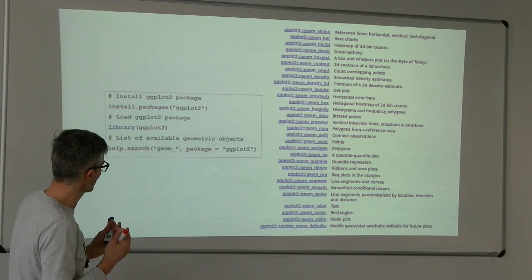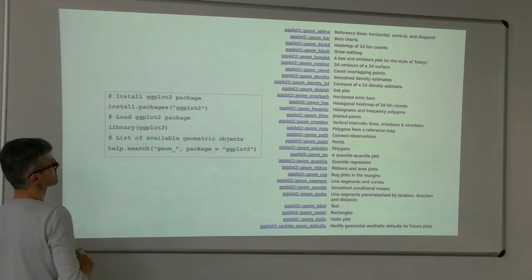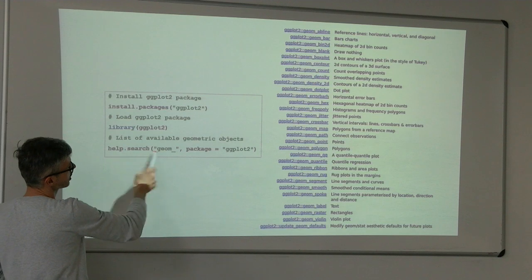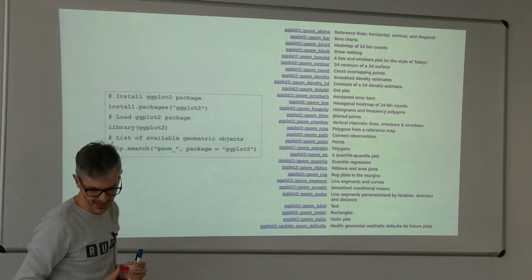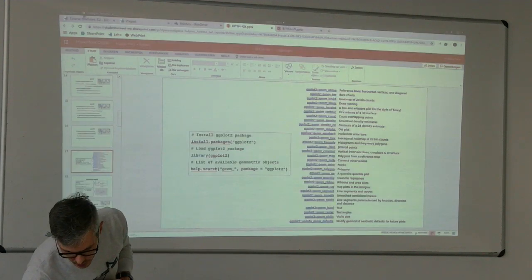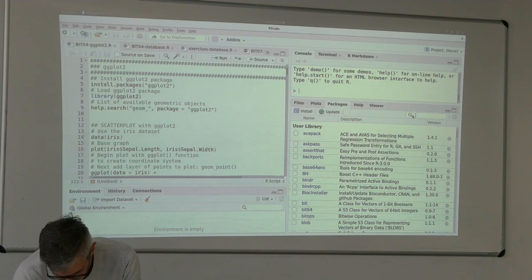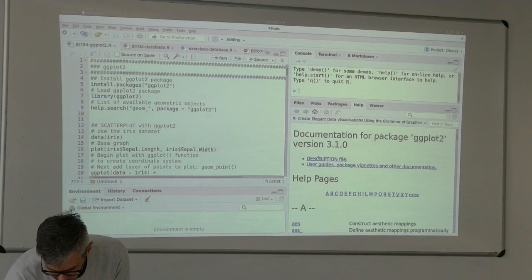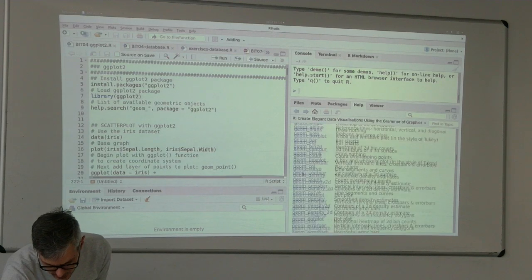Now there are several ways of using ggplot, and you have several objects that you can use. If you want to see the full list of the objects, you can either use this command or look at the documentation if you go to the packages. And then of course you could search for ggplot here. Then click here, and you will have package vignettes and all the information on what you can use.